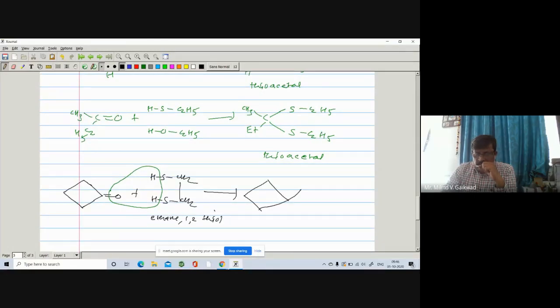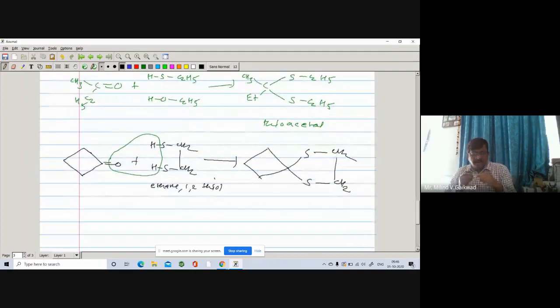We just have to write sulfur, sulfur, and CH2. Here is also CH2. Similarly, you can increase the size of the ring also, and you can get a number of examples. In this way, you have seen how there is a formation of a thioacetal and other compounds.